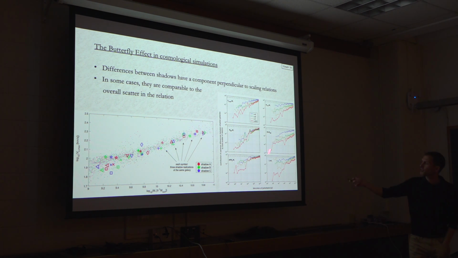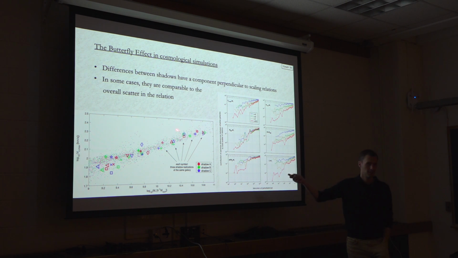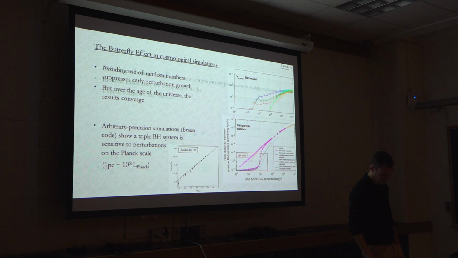And this is what these plots show, again, as a function of time, for now not single quantities but scaling relations: the fraction of the overall scatter in the relation that can be associated to these differences between shadow simulations. So in some sense, this tells you how predictable it is, how much information you can get from this scatter, what deterministic properties this scatter is actually related to.